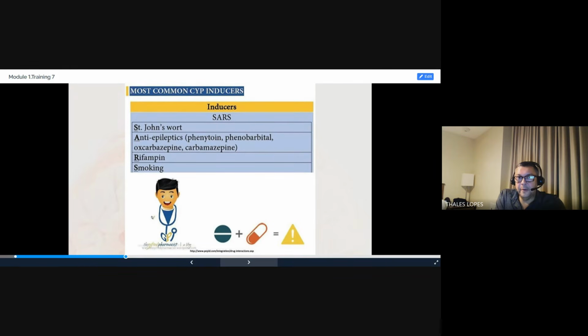So for example, if you have someone on OCP, and they are taking carbamazepine and OCP, then what is your action? So you know that carbamazepine is an inducer. It decreases the OCP. Less of it would be available, so therefore they could potentially get pregnant, right?